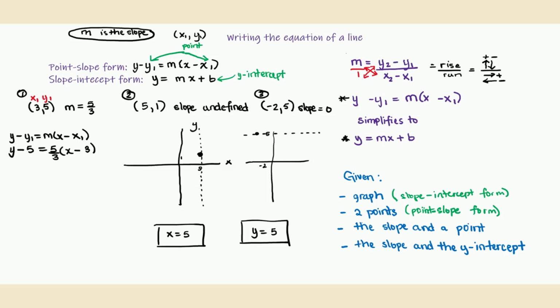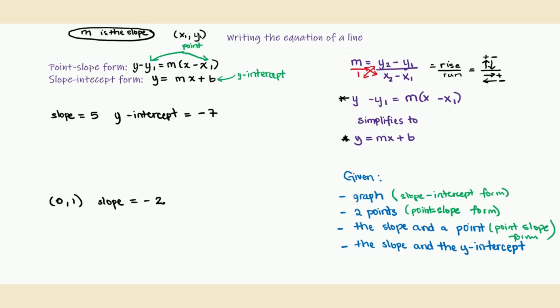Let's move on to the slope and the y-intercept. So if your slope is 5 and your y-intercept is -7, you have the slope and the y-intercept. That means you will use the slope-intercept form.